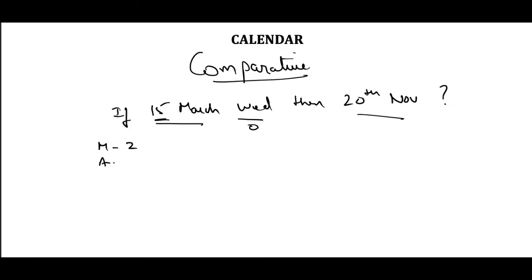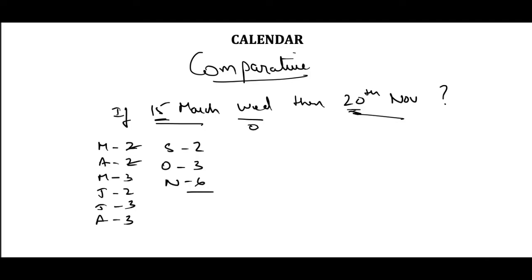We have April, that is 2, May 31, 3, June 30, 2, July 31, 3, August 31, 3, September 30, 2, October 31, 3, November 20th, that is 6. Adding 2, 4, 6, 8, and 6 makes 14, 17, 20, 23 and 26.